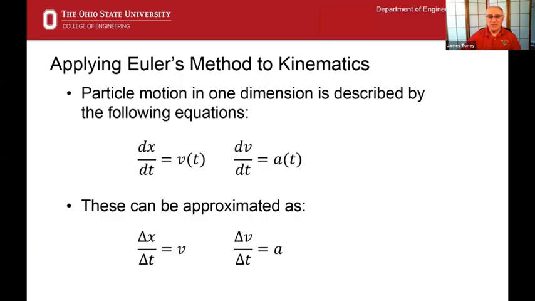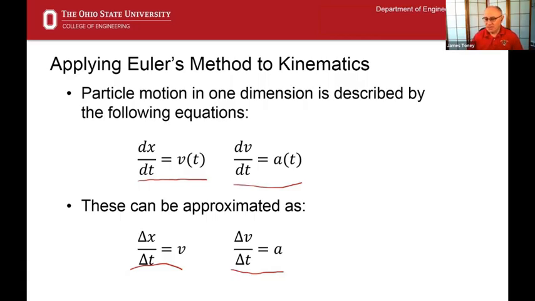So the basic equations that we're trying to model are what you learned in physics 1, just from the definition of velocity and acceleration, that the velocity is the derivative of the position, and the acceleration is the derivative of the velocity. And just as we did in the previous example of radioactive decay, we replaced those differential equations by difference equations. In other words, the d's become deltas. And that allows us to set up an equation that we can put into a loop to run our simulation.